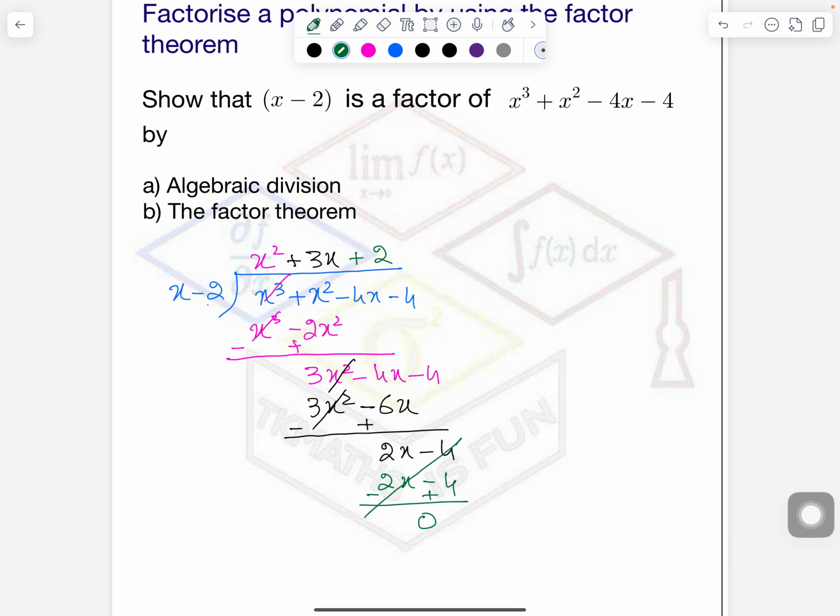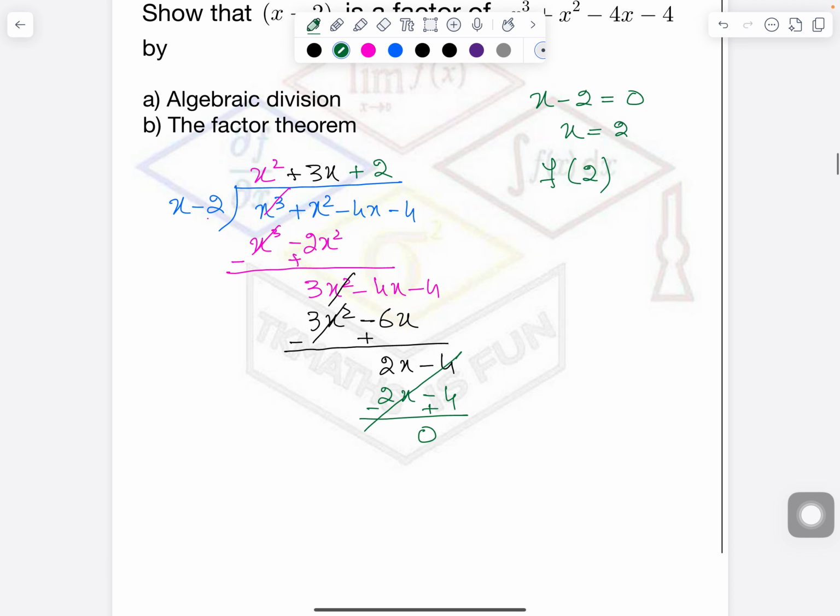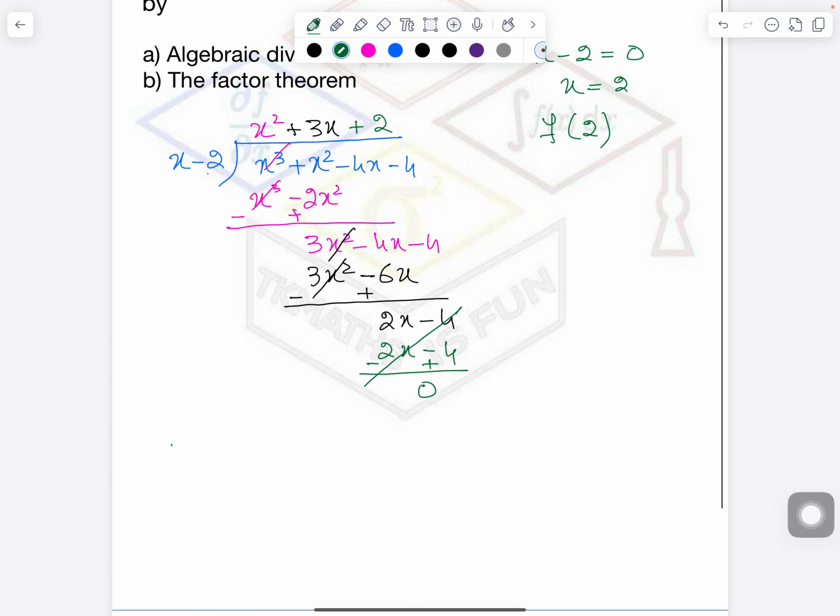Now using the factor theorem, what we will do, from the divisor, I will get the value of x. And this value of x I will plug in the function, right? So the function is, let me write here, f of x is equal to x cube plus x square minus 4x minus 4.